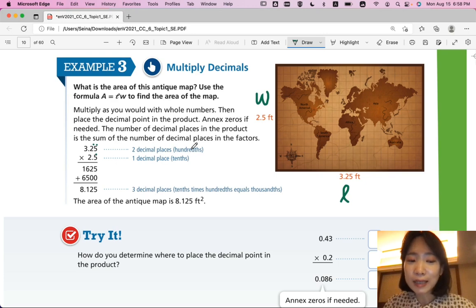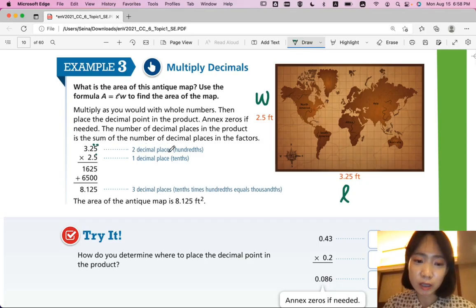When you multiply decimals, you do not necessarily have to line them up in decimal places, but you do have to count the decimal places. 3.25, count how many, has 2 decimal places. It is up to hundredths place. 2.5 has 1 decimal place, to the 10th place.